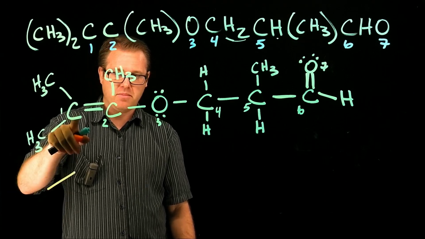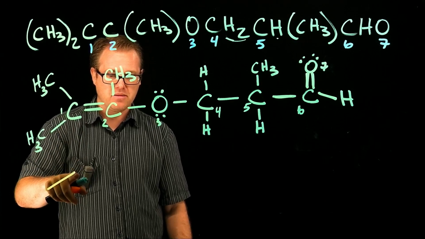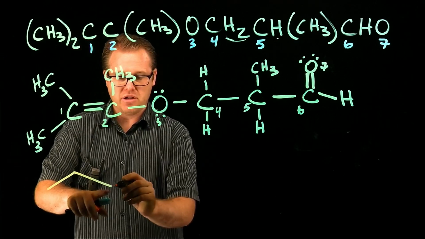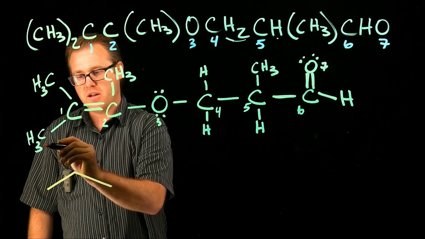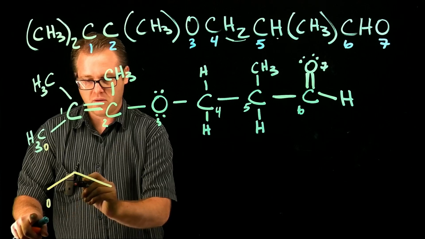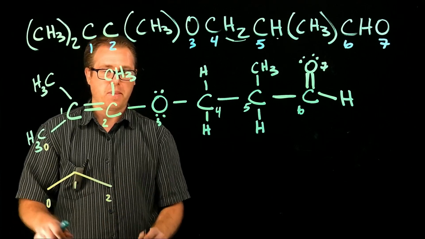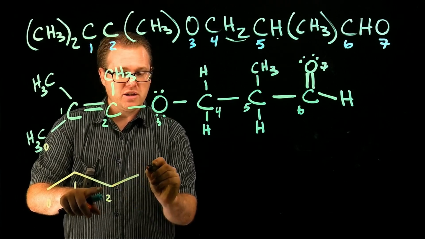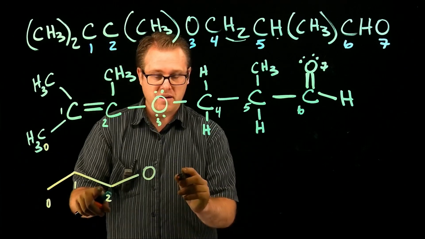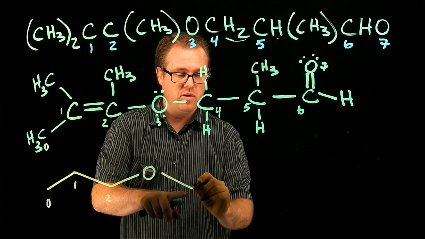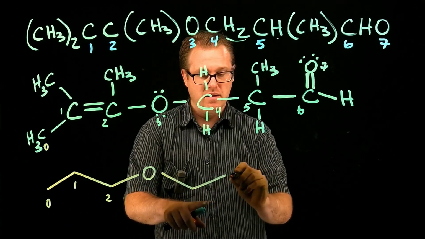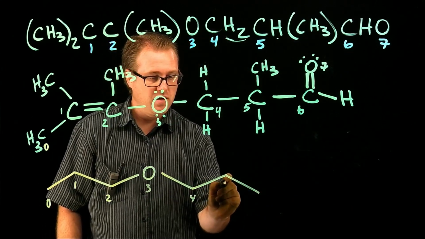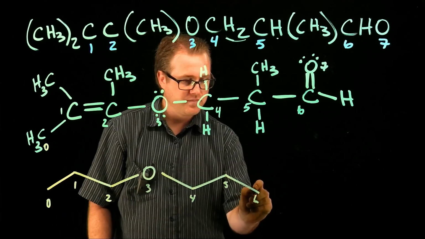And that carbon is directly bonded to that carbon, which is that carbon. And then we can go zigzag now to carbon 2. So we could call that carbon 0, 1, and 2. Now carbon 2 is directly bonded to oxygen, so we just have to draw the heteroatom, and then we're bound to carbon 4, carbon 5, carbon 6. So if we number these, 4, 5, and 6.